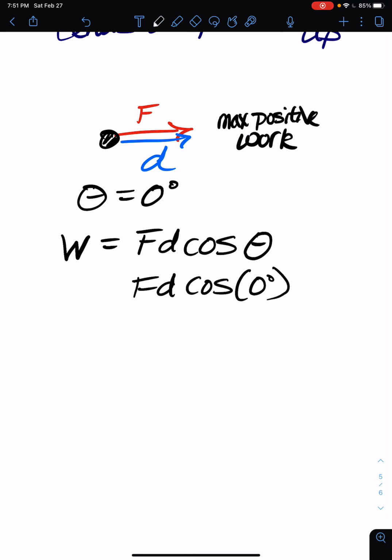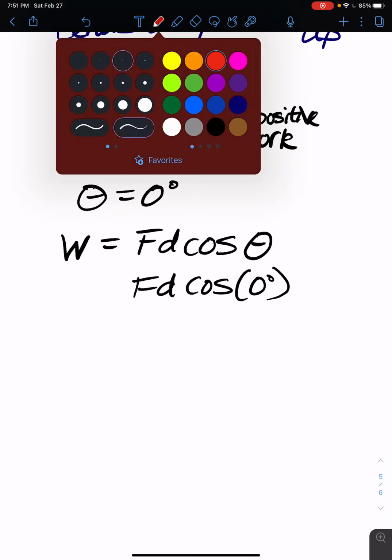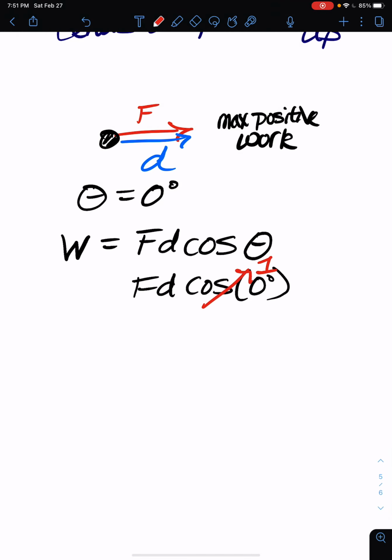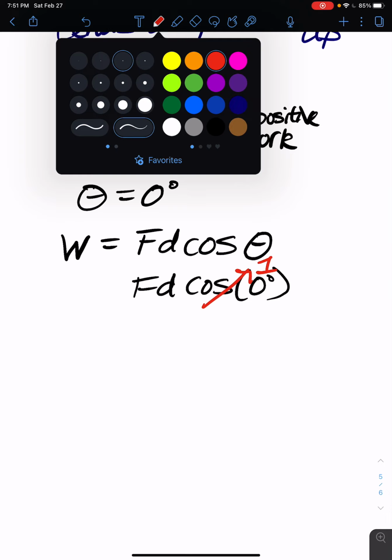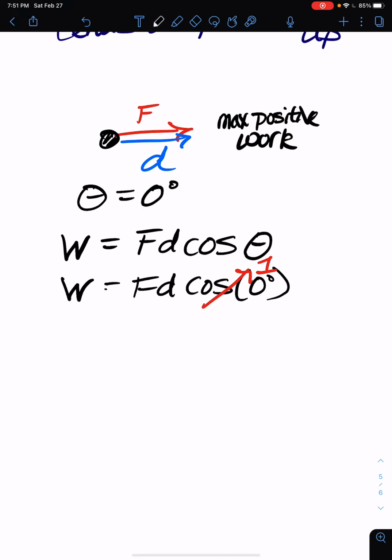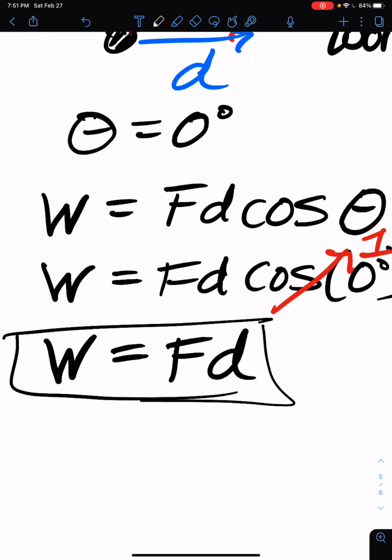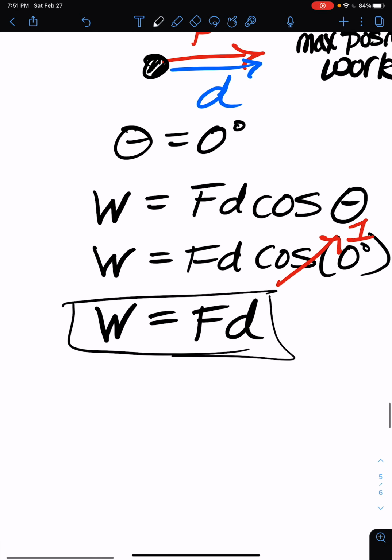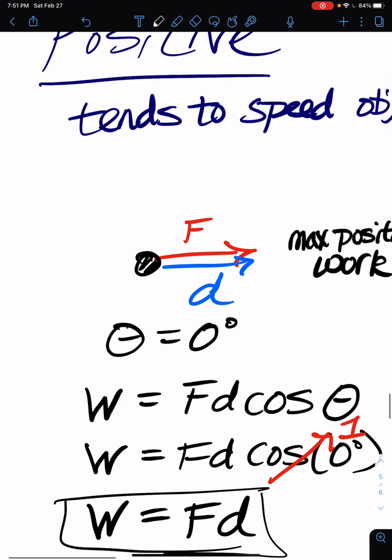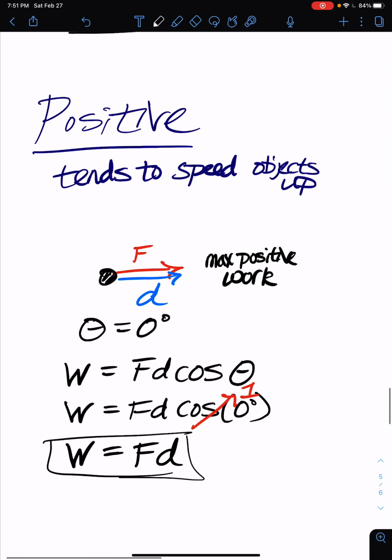And you'd be right if you said 1. And so the formula simplifies into W equals FD times 1, or W equals FD. And so this is nice, that when you're doing a max positive work example, when F and D are parallel to each other and point in the same direction, this is what happens.